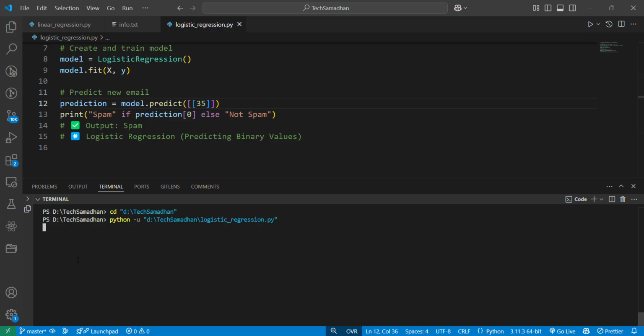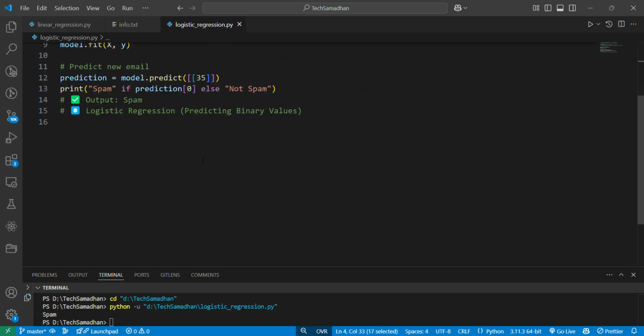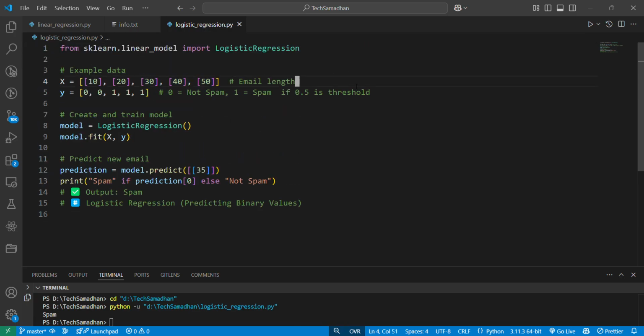See towards the terminal side. What does it predict for 35? So it predicted 35 to be spam, because you can see here from this it learned the relationship, and it predicted it as spam. So the model takes email length as the feature.